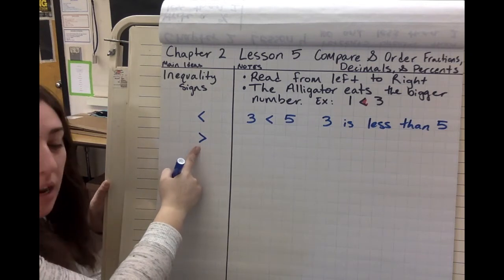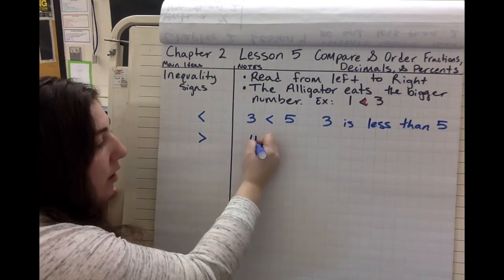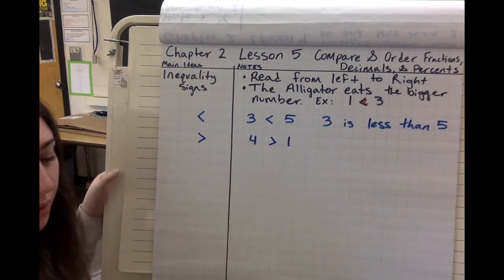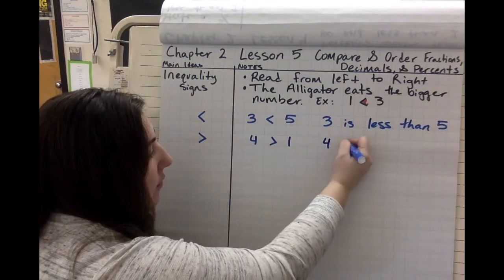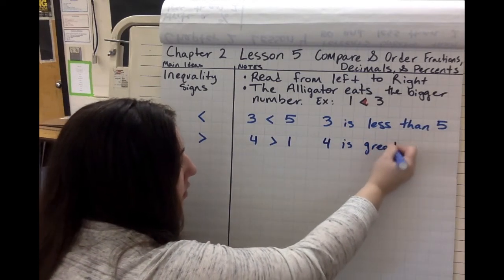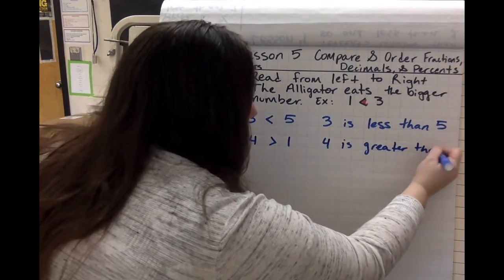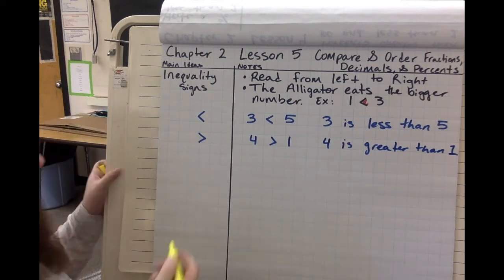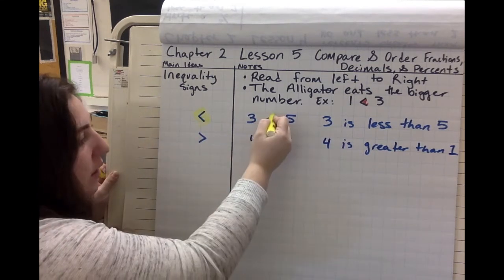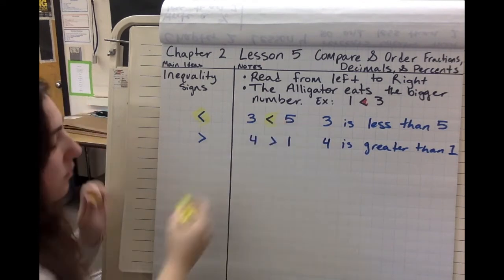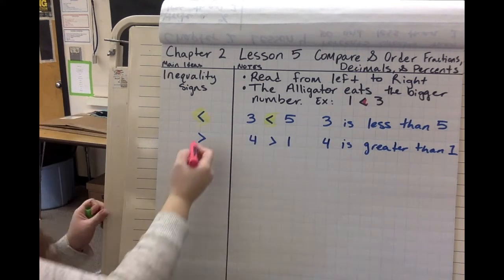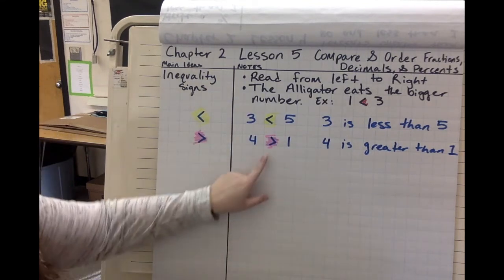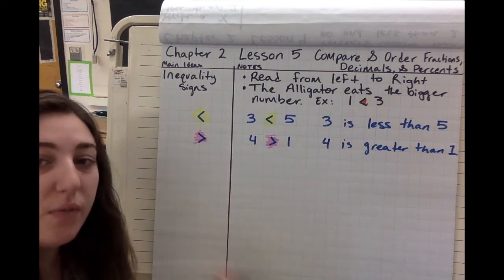It looks like this, and this is how we're going to use it. So if we add the number 4 here, 4 is greater than 1, for example. And that's how you would say it. 4 is greater than 1. So the way that your inequality sign points is very important.